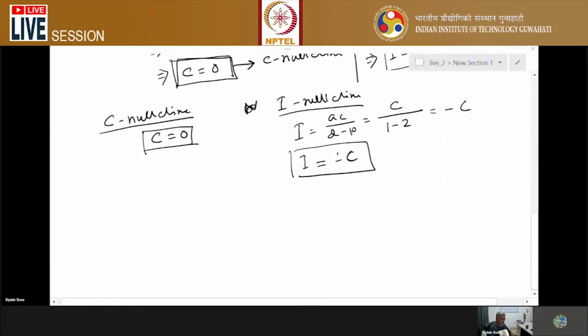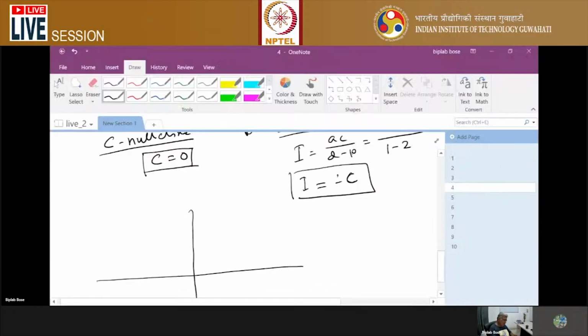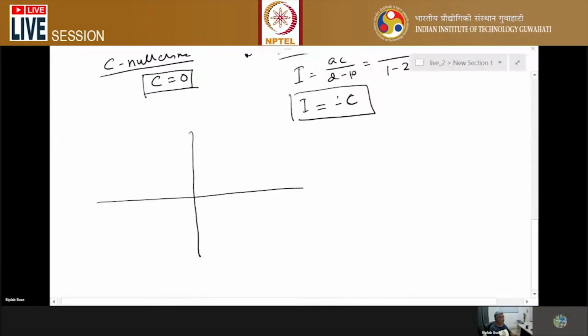So how will it look on a diagram? Let me draw the diagram. And if you are doing paper and pen to draw null-lines, always use different colors for different null-lines. So first I will draw the C null-line. Let me take the blue color. So I have taken that now. I will draw the diagram.